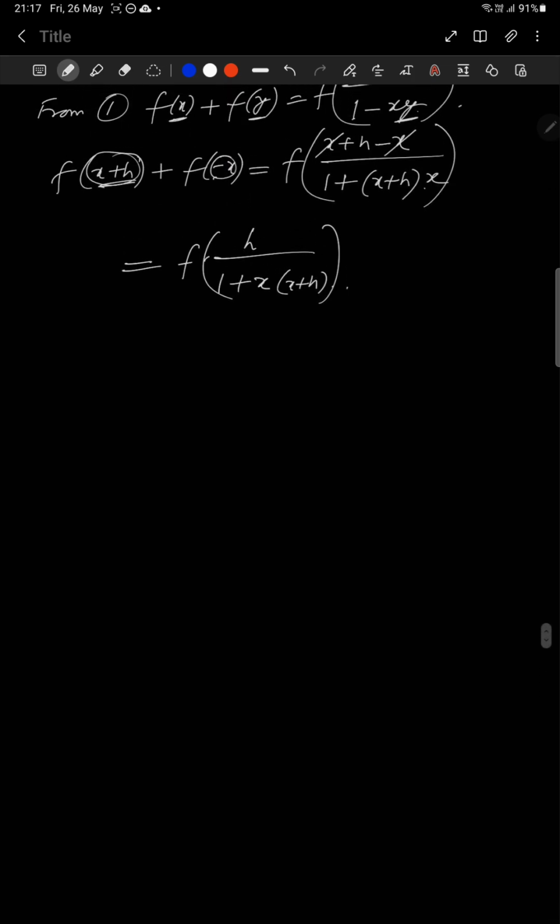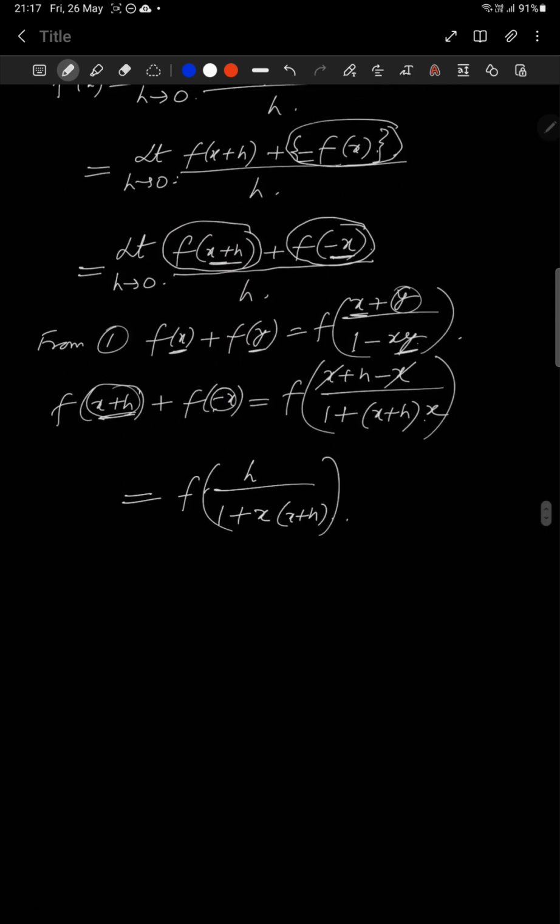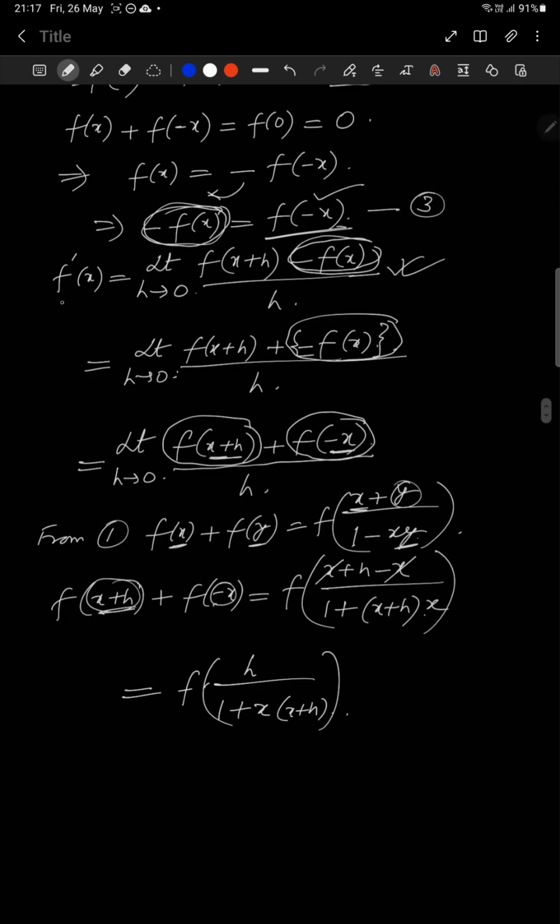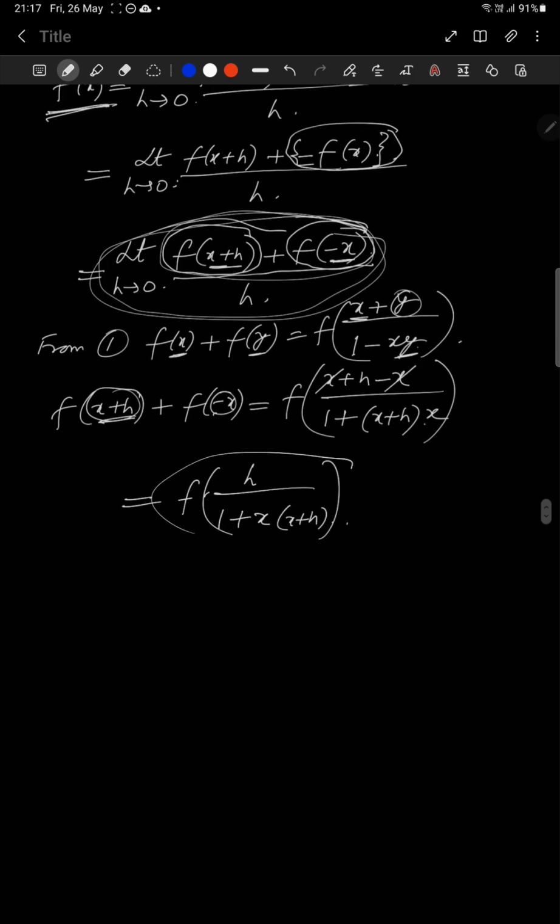Okay, so what we are getting is, we had started from what? We had f'(x) equal to this one. f'(x) was equal to this, and this whole thing is equal to this.